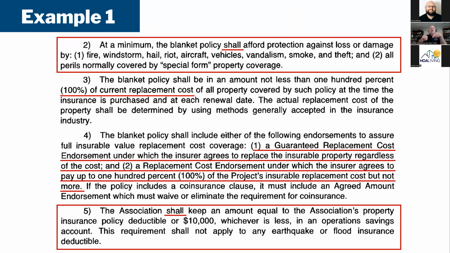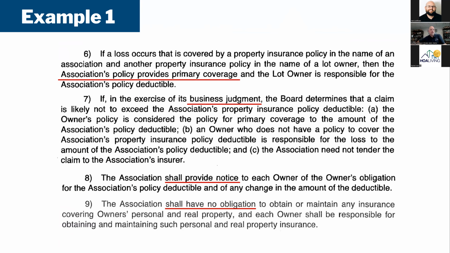And so a lot of communities might want to look at their language, because you might be tied and might need to do an amendment. But if you're an association that lives on the edge financially and you have an insurance claim, you've got to have that deductible somewhere to be able to get the coverage that you need.